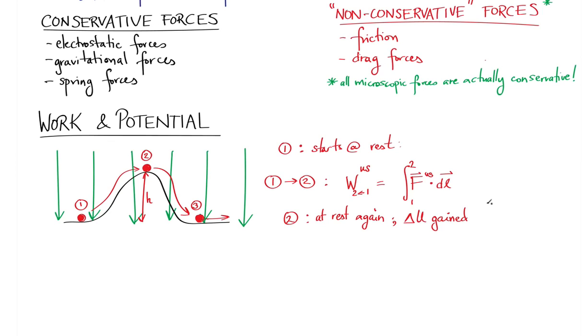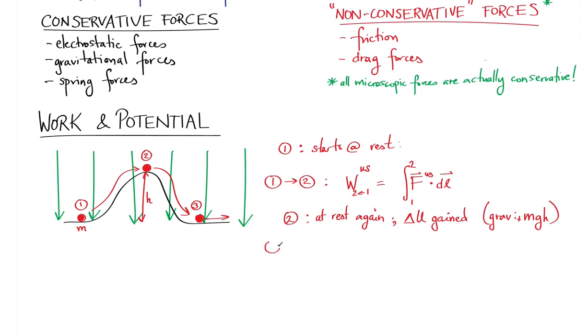For gravitational energy, this would be mgh, where this thing has some mass m. And it would be a positive mgh because the object is at a higher position.